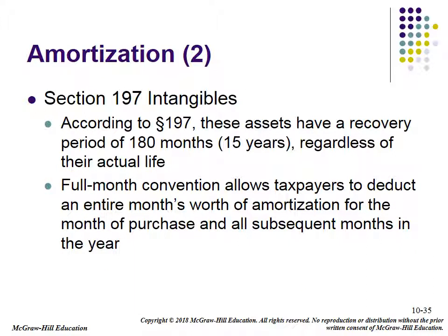Section 197, those assets have a recovery period of 15 years, regardless of how long their actual life is. So you will expense them or deduct them over 15 years. A full month convention allows taxpayers to deduct an entire month's worth of amortization for the month of purchase and all subsequent months, and you use straight line, no salvage value. Very straightforward.